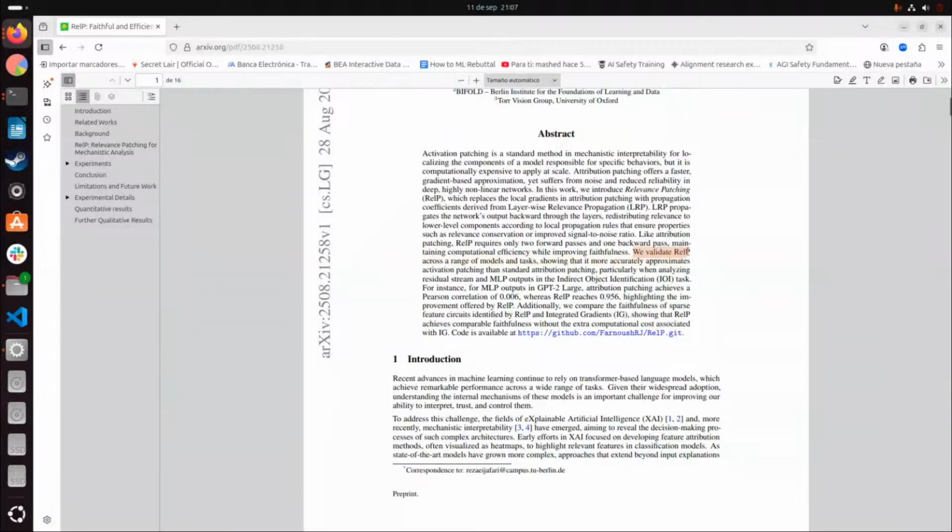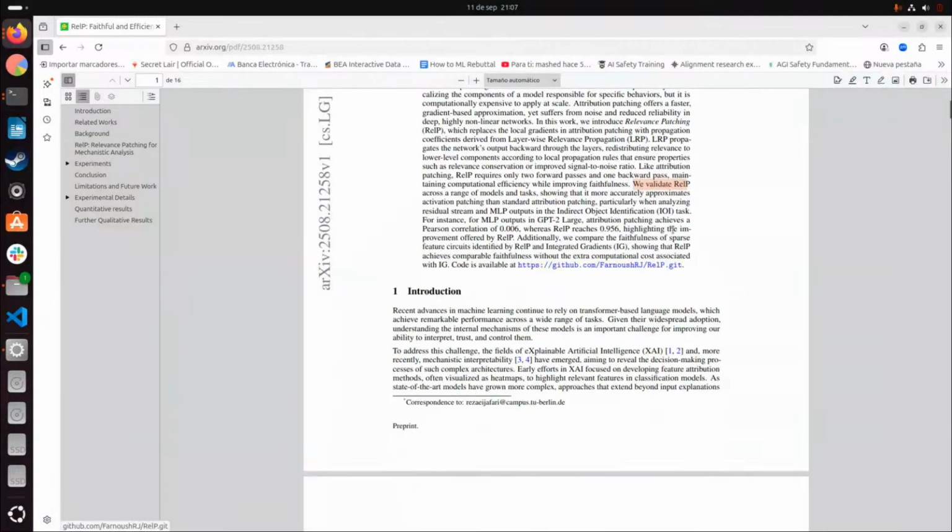We validate RelP against a range of models and tasks, showing that it more accurately approximates activation patching than standard attribution patching, particularly when analyzing the residual stream and RelP outputs in the indirect object identification task.